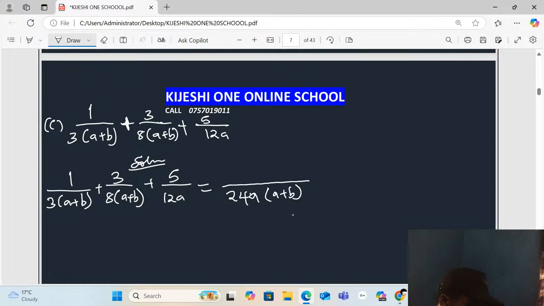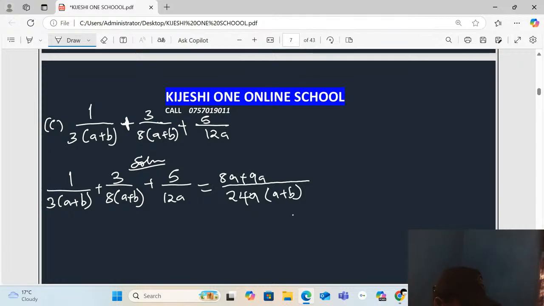So 8A, plus 9A. For 8 into (A plus B) into 24, it is 3, that is 3 times 3, which gives 9A.